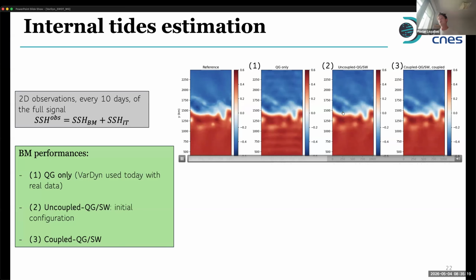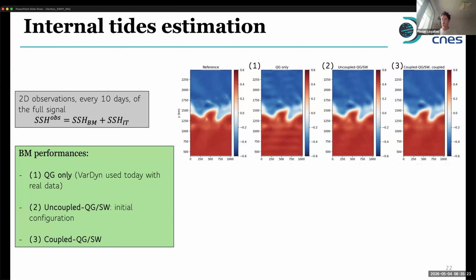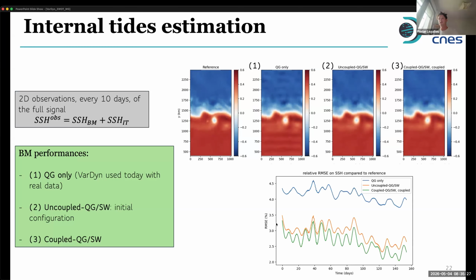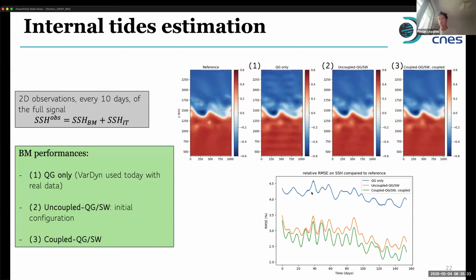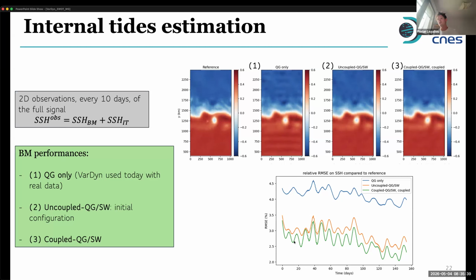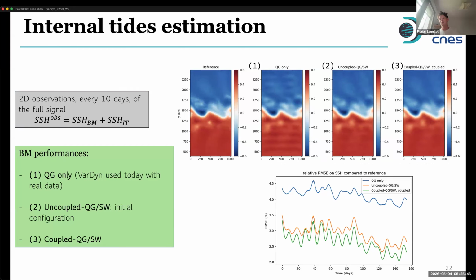Then we have the uncoupled QG shadow water, the initial configuration with the shadow water, and then the coupled shadow water. When we look at the time evolution of the errors, blue is the QG only VarDyn, and orange and green are for when we add the shadow water for the internal tide estimation.